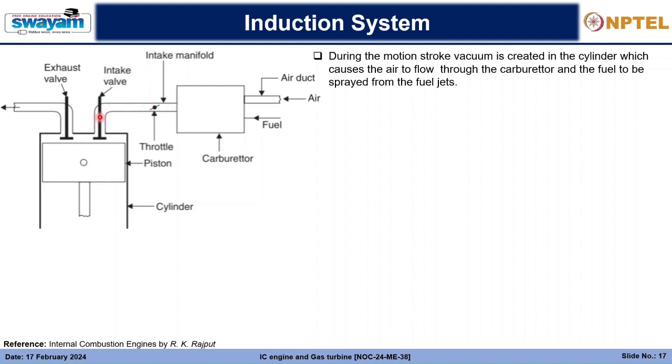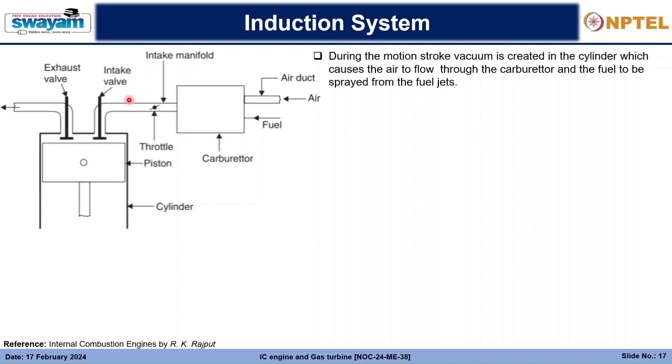This is the intake valve, and upstream of it there is a carburetor. The air passes into the carburetor, the fuel also passes, and the carburetor is responsible for making the mixture of air and fuel in SI systems, in petrol engines. The air fuel mixture is then passed to the cylinder through the intake valve. Here there would be a spark plug which will ignite the air fuel mixture, and eventually the whole process will take place.